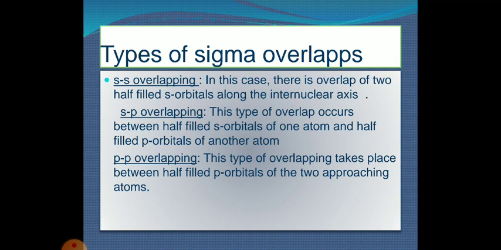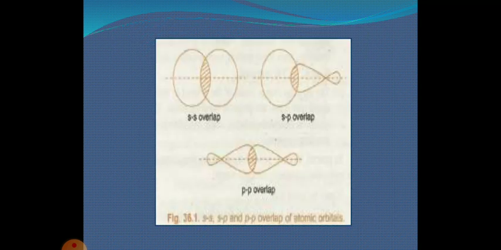But the one important condition is that in pp overlapping, a sigma bond is formed when the overlapping takes place along the axis. Then we can say that there is the formation of a sigma bond along the axis.